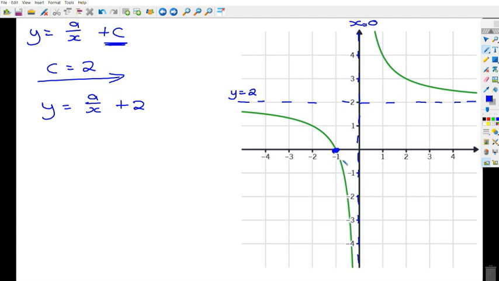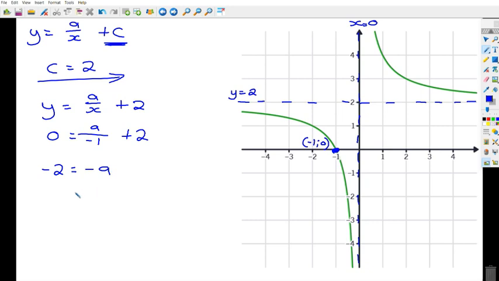What is that? That is called my x-intercept. Give me that point there. Negative 1 and 0. Fantastic. So I'm going to take negative 1 for x, so a over negative 1 plus 2, and my y value is 0. Now we're going to take this 2 over. It becomes negative 2, and a divided by negative 1 is negative a.